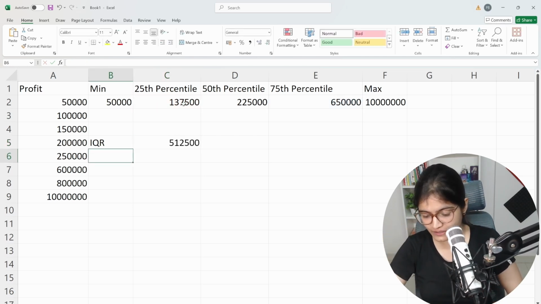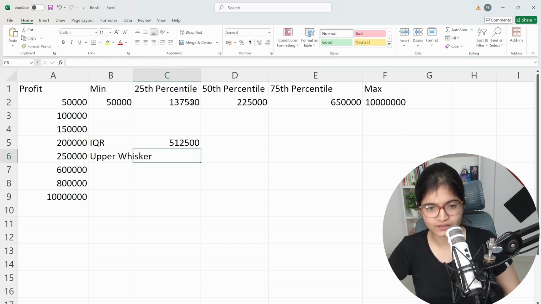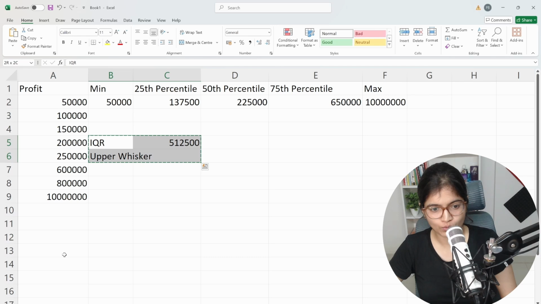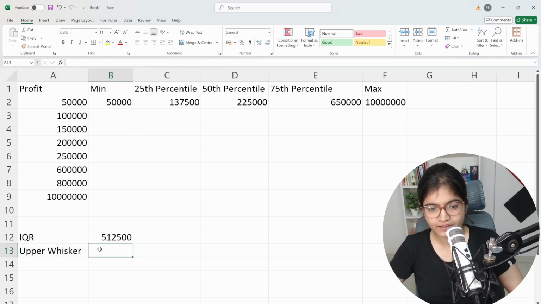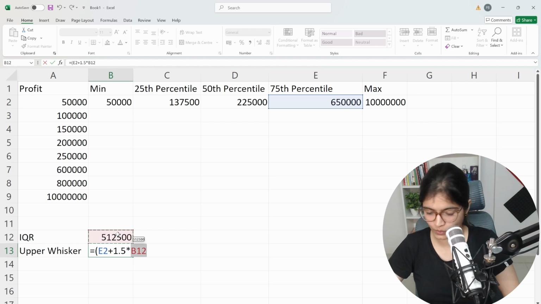Now if I ask you what is the value of upper whisker, it's again very easy to evaluate. So maybe I will do this analysis below. Upper whisker is nothing but the value of Q3, which is this, plus 1.5 times the value of IQR.